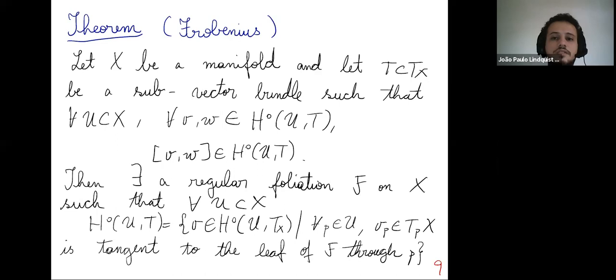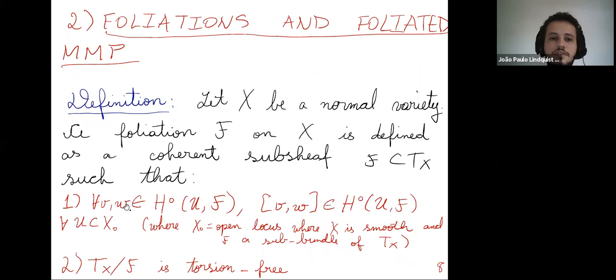such that this vector bundle is exactly the vector bundle given by the vectors which are tangent to the leaves of the foliation. So this is the first condition in this definition.